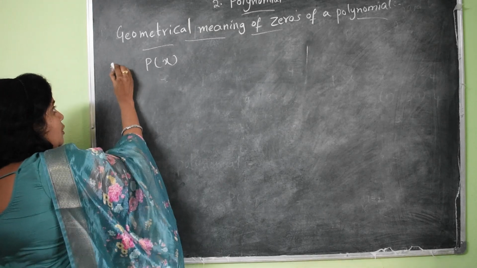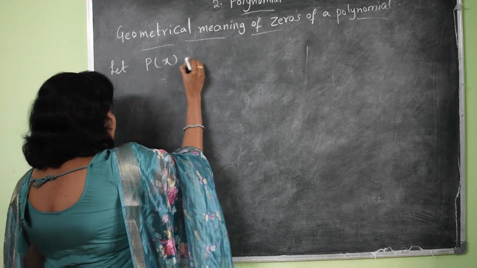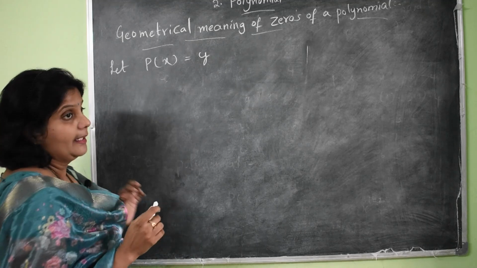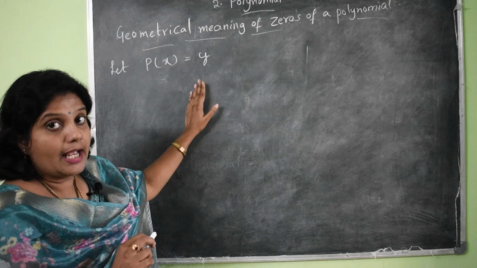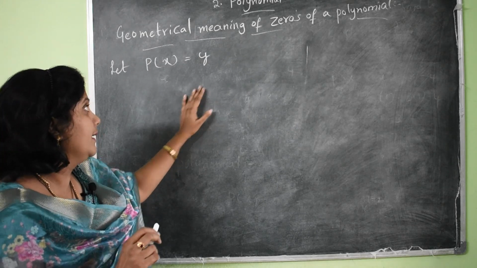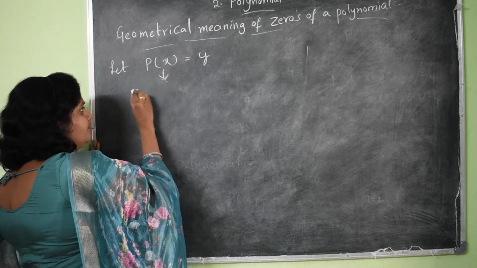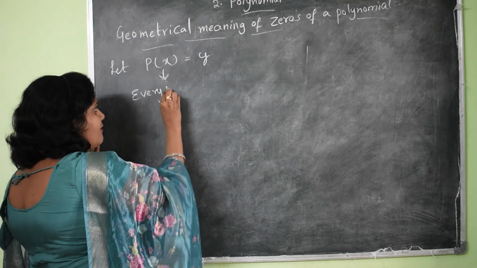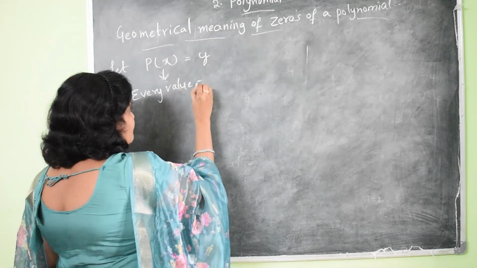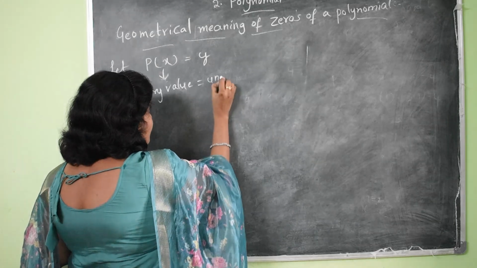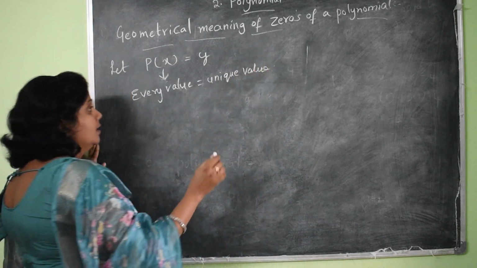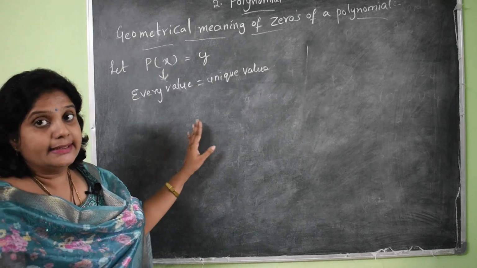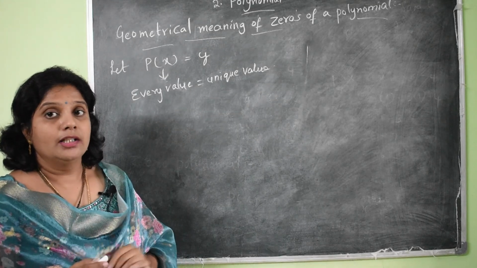Let p of x be equal to y. So for every value of x, there exists a unique value of y. So what happens?